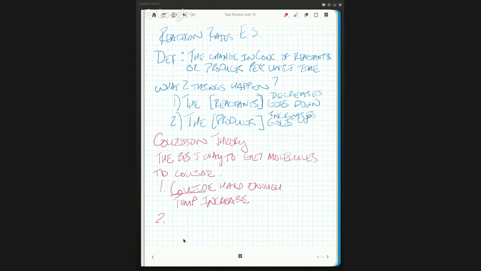Another thing is, if you want them to collide, they're floating around in water, the universal solvent. If they're far apart, they need to be closer together, because if they're closer together, they're more likely to collide. In order to do that, we're going to decrease the volume.